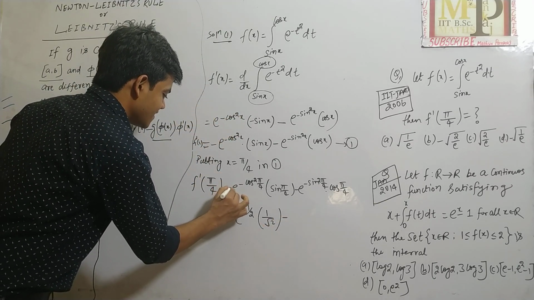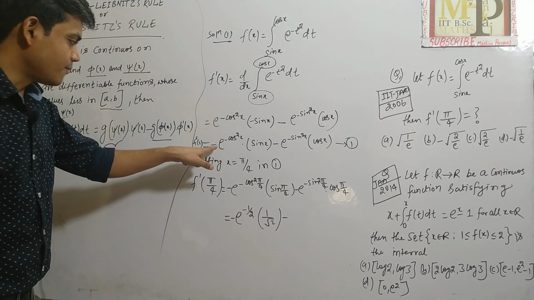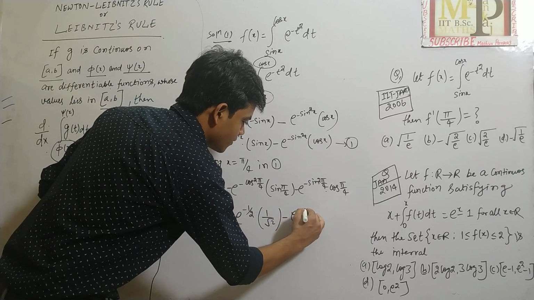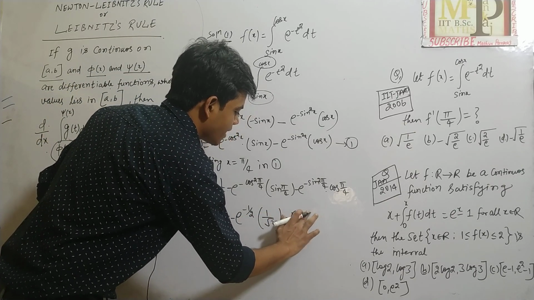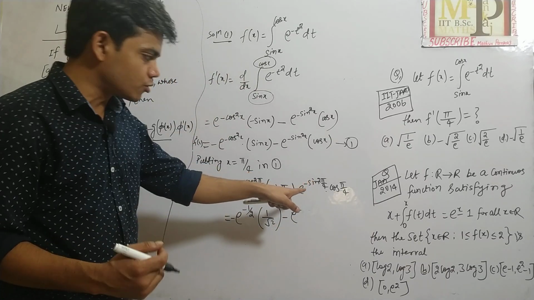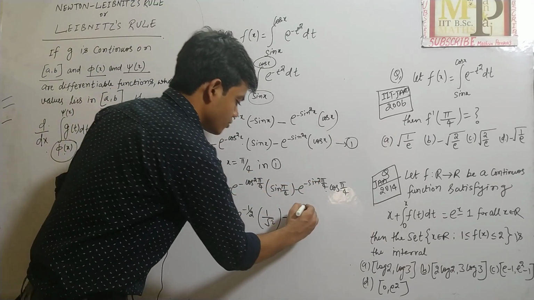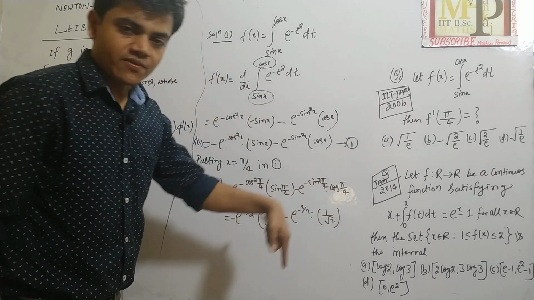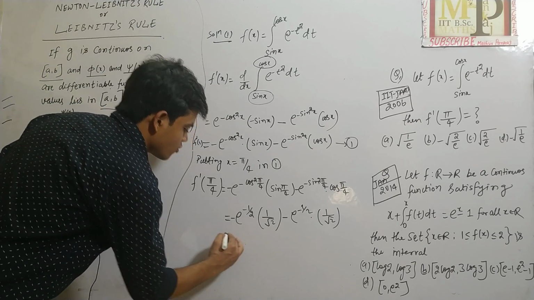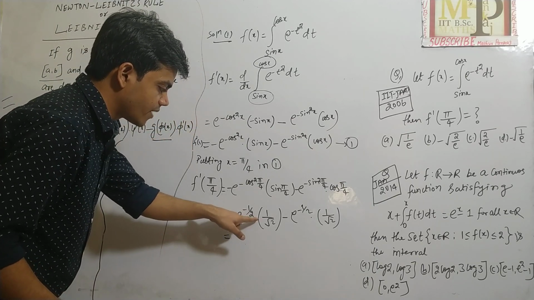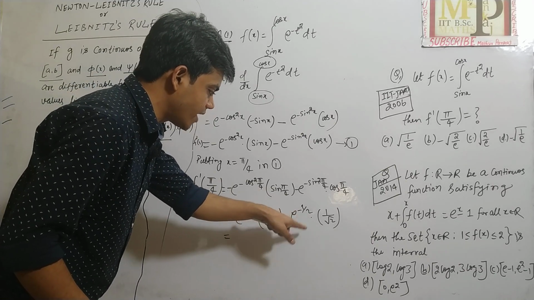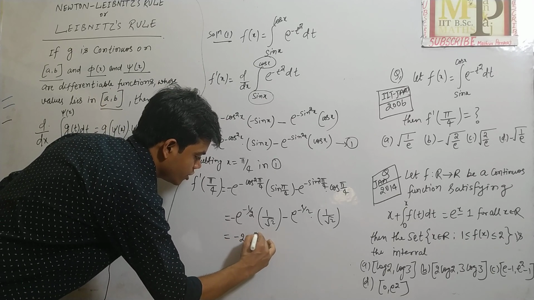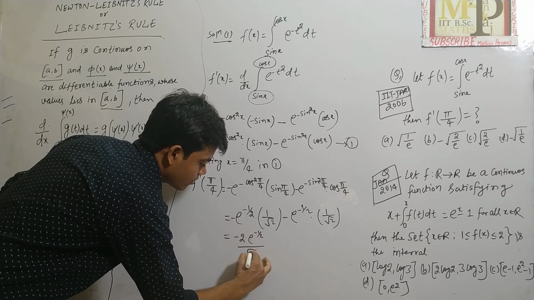Then minus e to the power minus sin square pi by 4; sin pi by 4 is 1 by root 2, therefore its square is 1 by 2, so e to the power minus 1 by 2, and into cos pi by 4, which is also 1 by root 2. So it becomes minus e to the power minus 1 by 2 into 1 by root 2, minus e to the power minus 1 by 2 into 1 by root 2. So this will become minus 2 into e to the power minus 1 by 2, upon root 2.